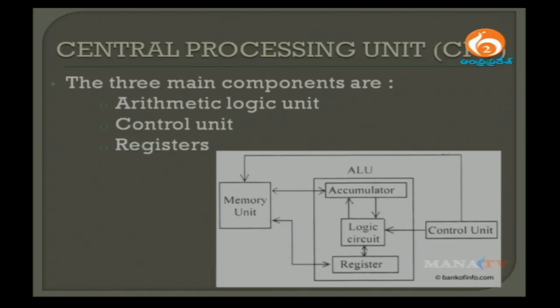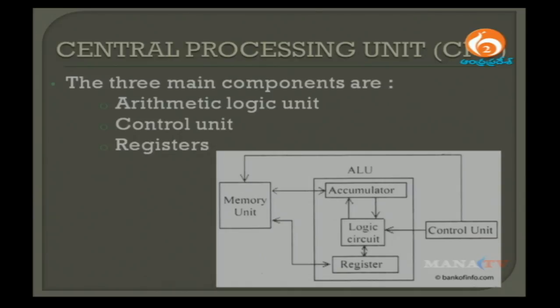And if you can see the diagram here, we have the control unit, which is giving the information to the memory unit directly, or it gives the information to the logic circuit and then exchanges with the accumulator, and then it exchanges with the register.